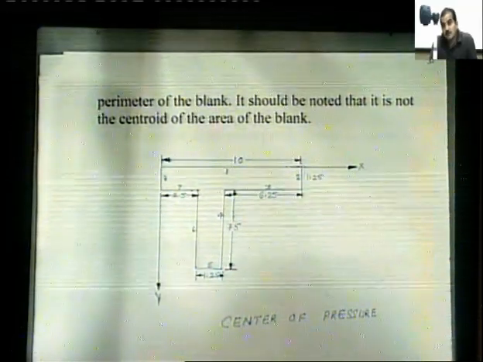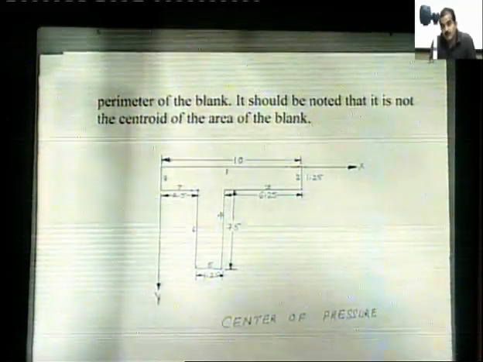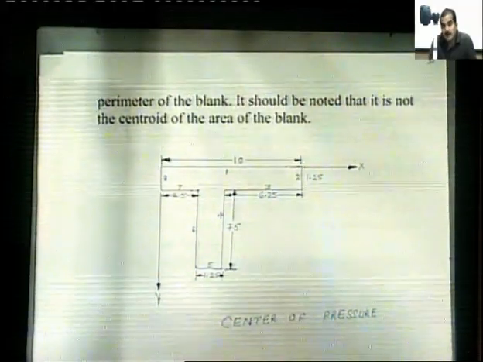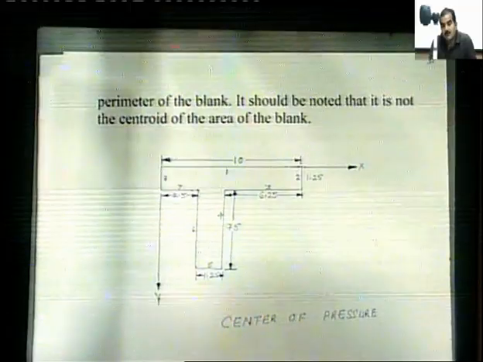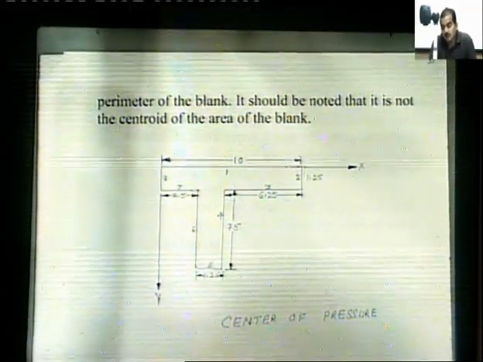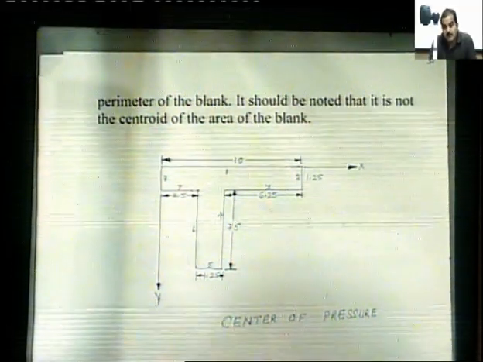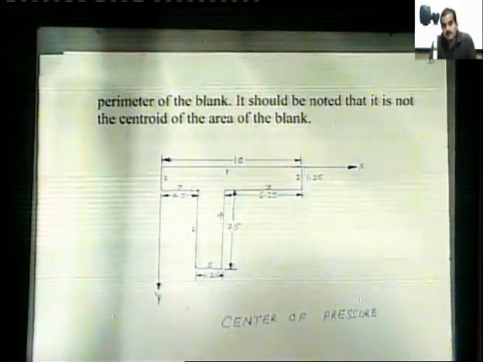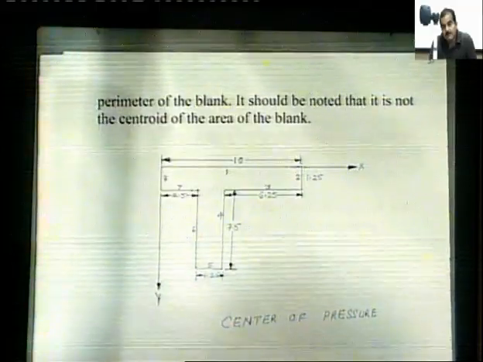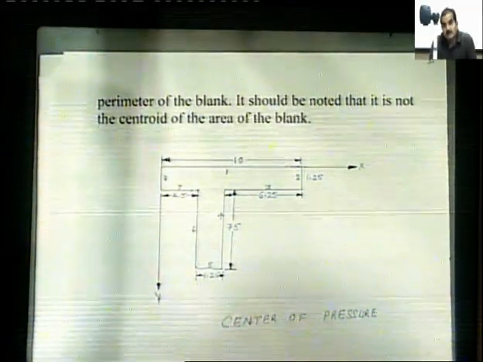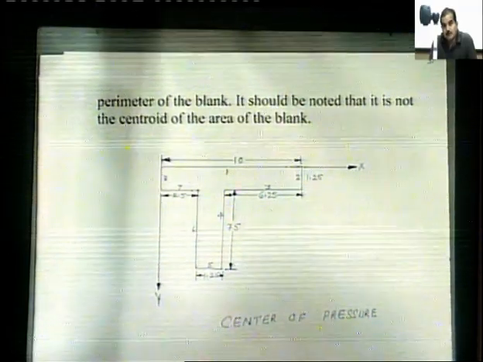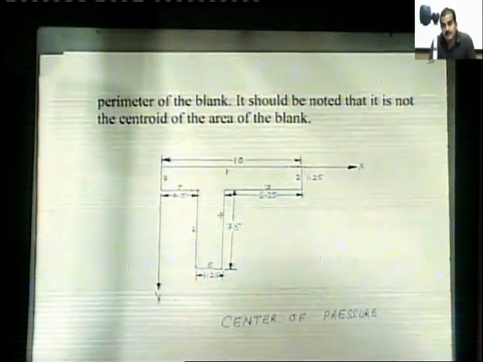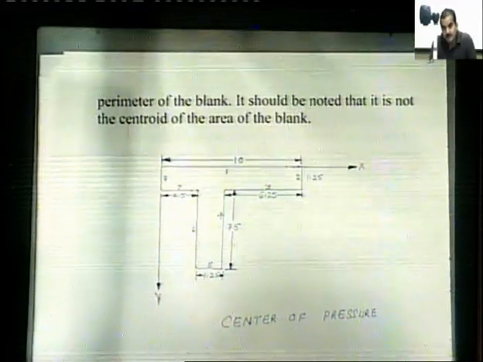Then due to this, a bending moment will get introduced, and due to that deflection will be there and cutting will not be proper. So, what we do, we have to find out the center of pressure of the workpiece, and the center line of the press ram is made to pass through the center of pressure of this workpiece.